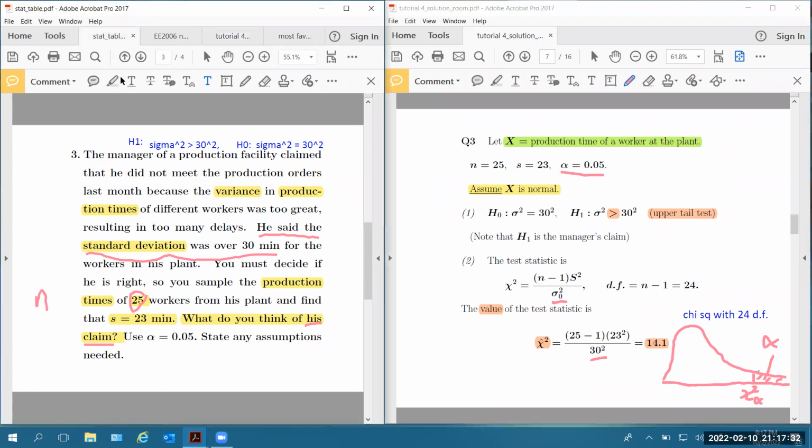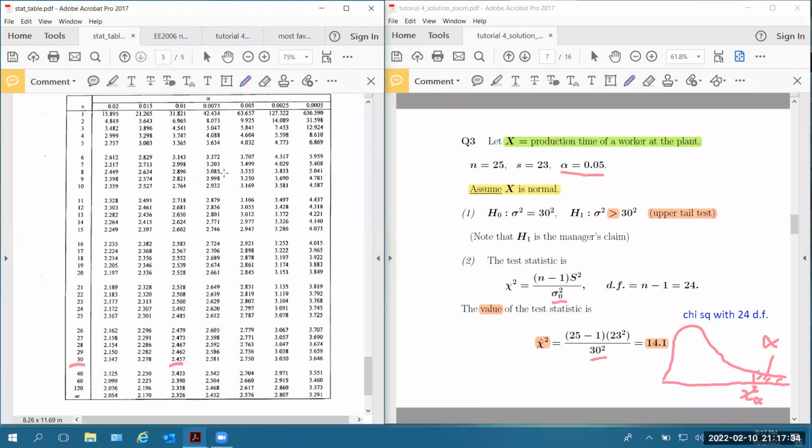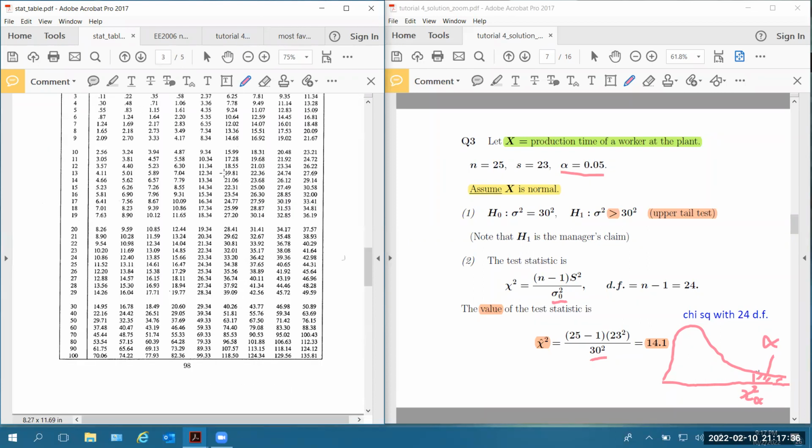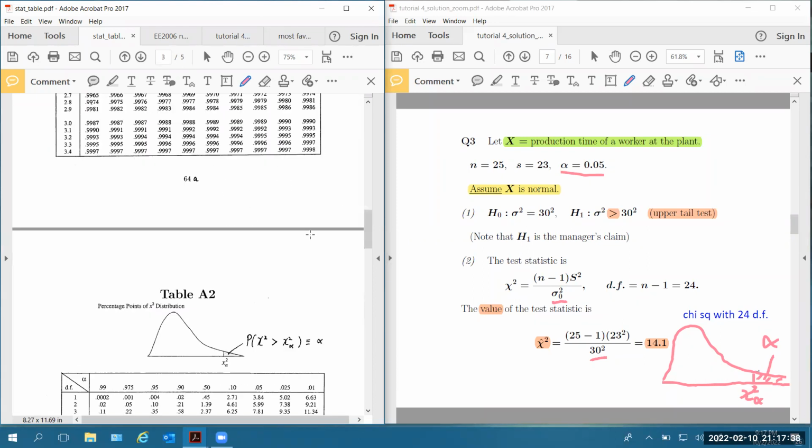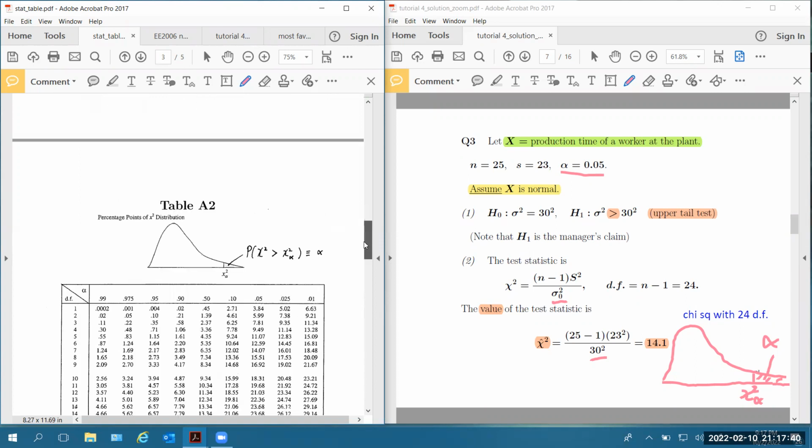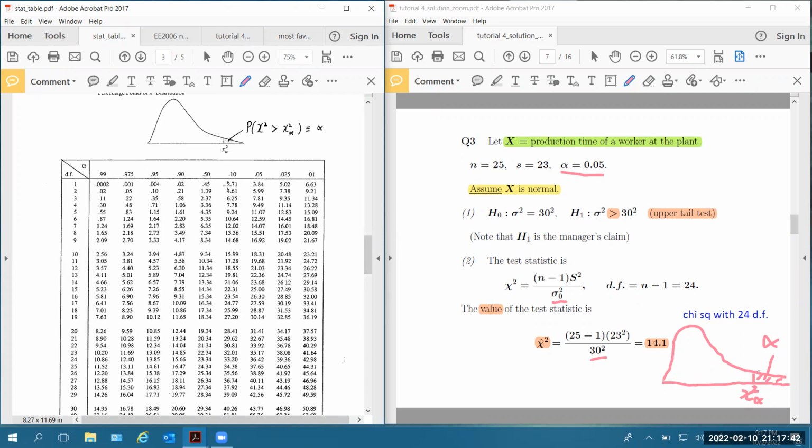Then we just go to the chi-square table. Our degrees of freedom is 24. You can see 24 here. Our alpha is 0.05.